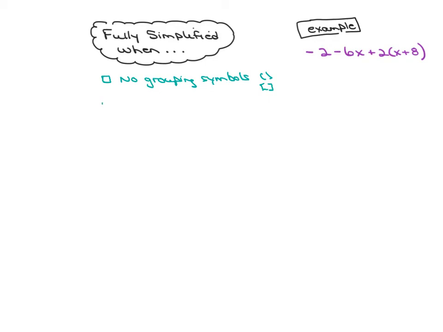The next thing is that any arithmetic has been performed. So all arithmetic performed. Right, that's number 2. The next one is that all of your like terms are combined. And we'll talk about each of these in that little example.